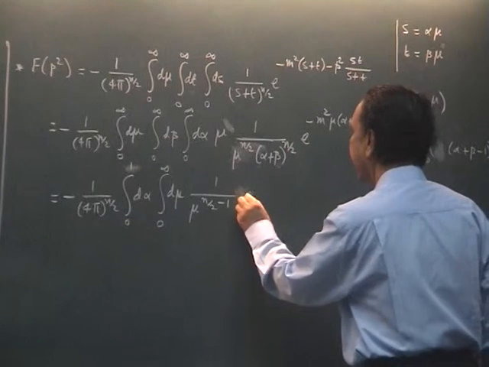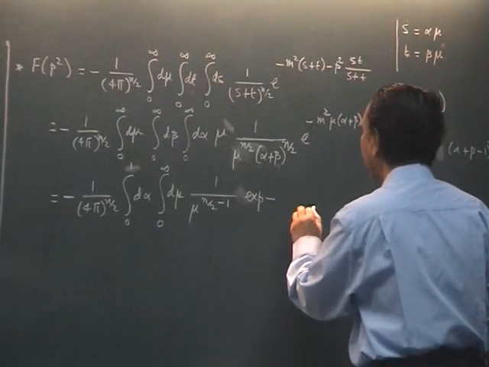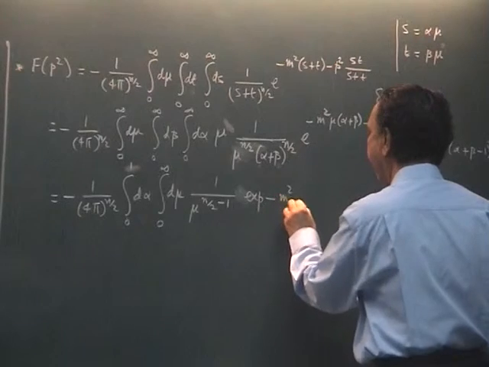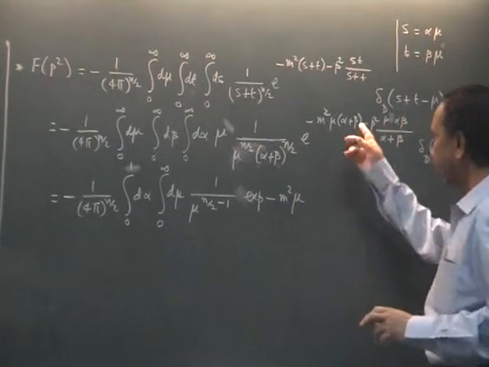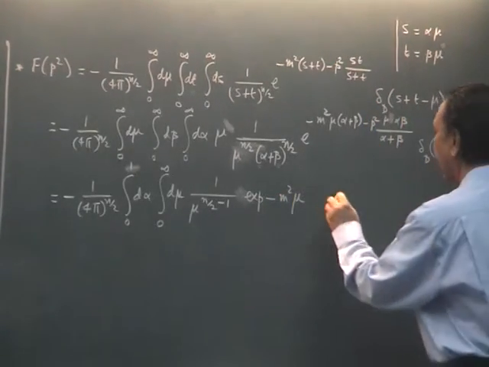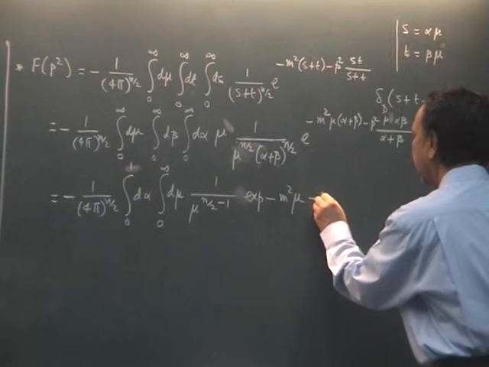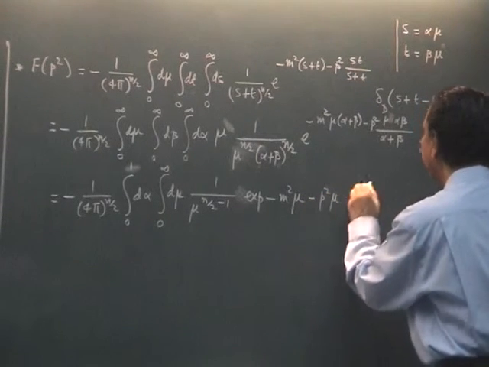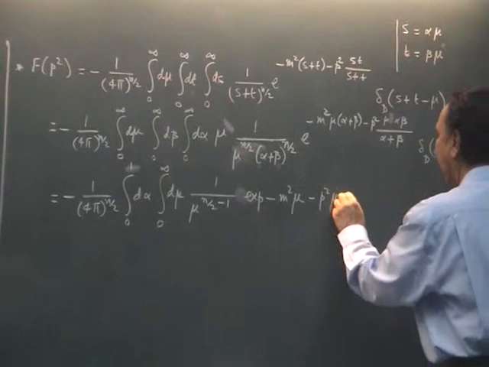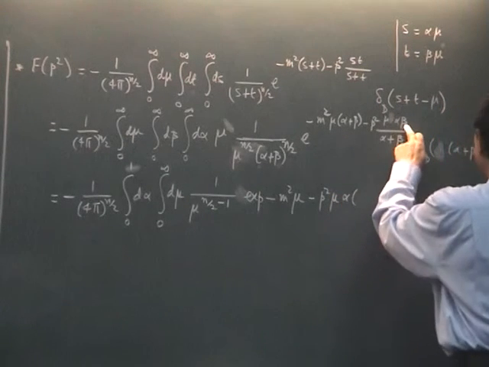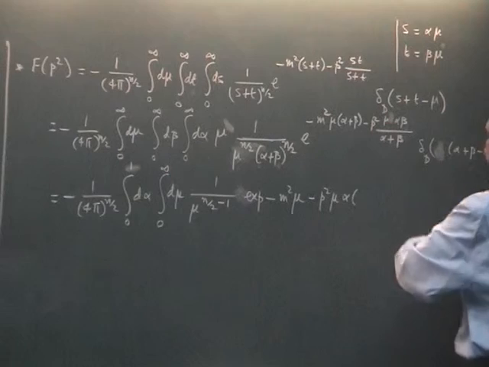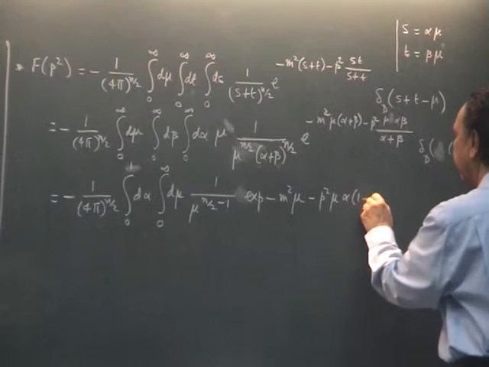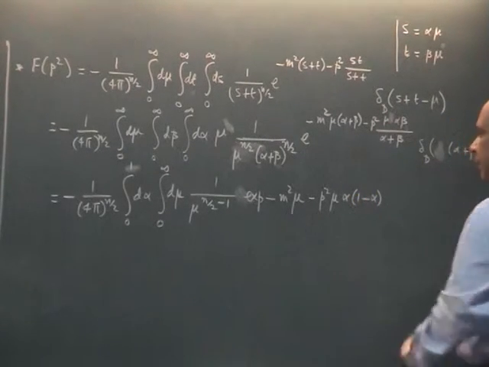Then I have exponential minus m square mu, alpha plus beta is unity, minus p square mu, alpha into beta, which is going to be 1 minus alpha. Right? Alpha plus beta is unity.